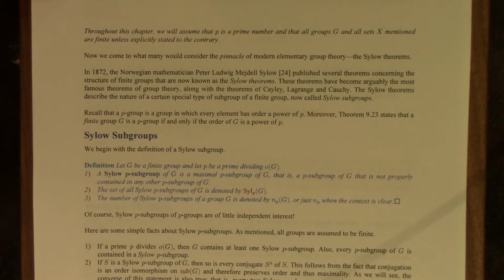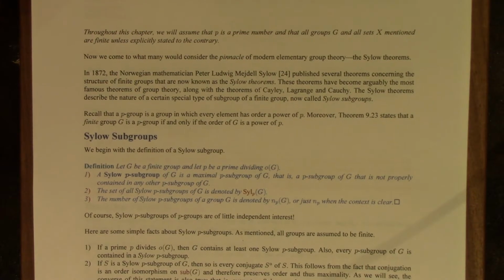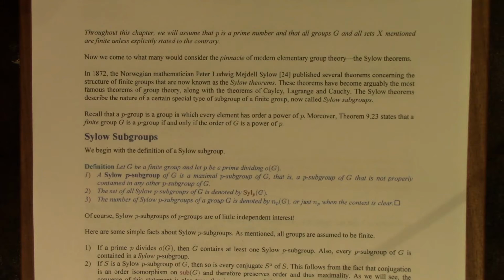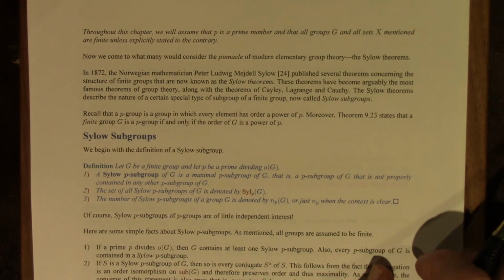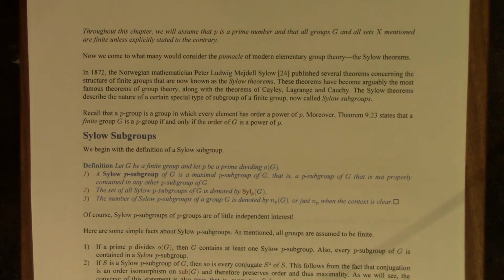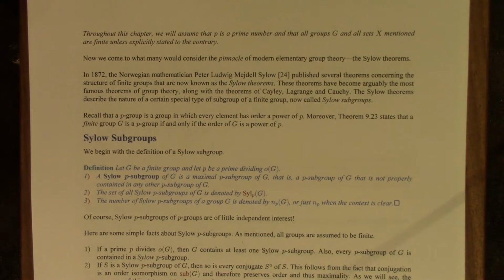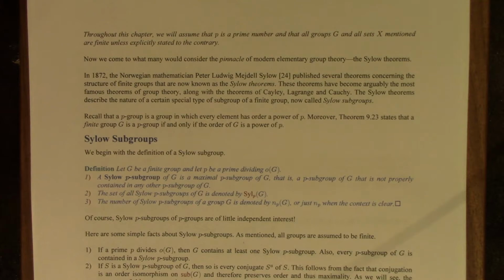I think some authors will actually state five Sylow theorems, but I'm going to combine them into one. It's just a stylistic matter. These theorems have arguably become the most famous theorems of group theory, along with the theorems of Cayley, Lagrange, and Cauchy.